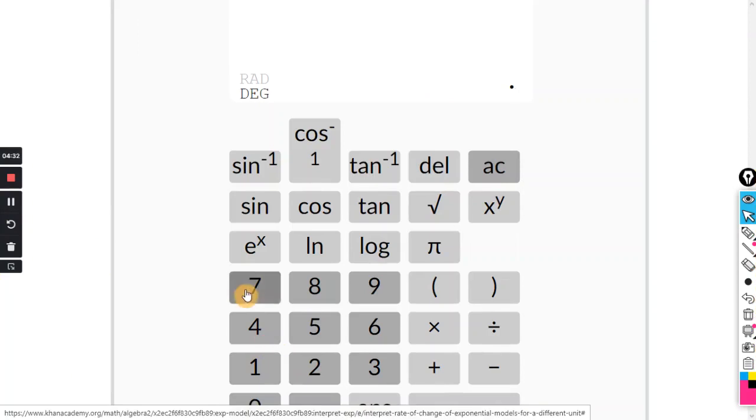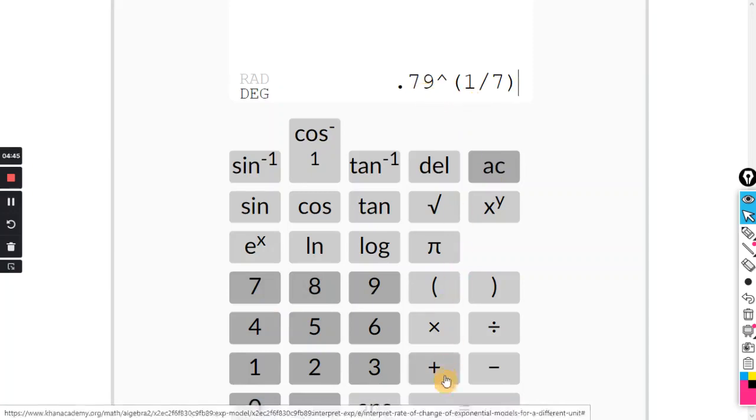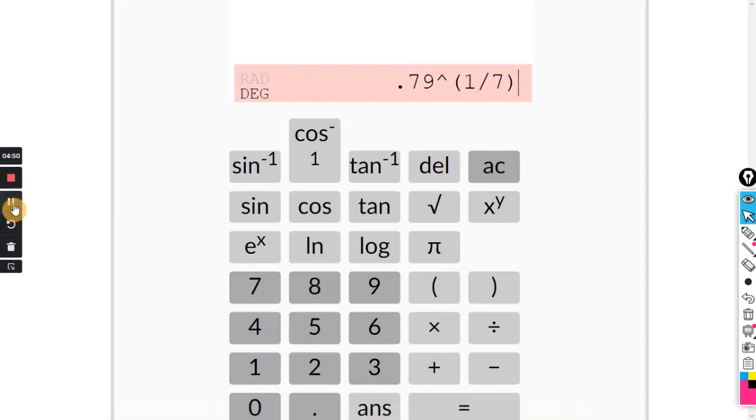0.79, exponent, parentheses, and 1 over 7 is the same as 1 divided by 7, close parentheses. 0.79 to the power of 1 over 7. And it's not letting me do this.